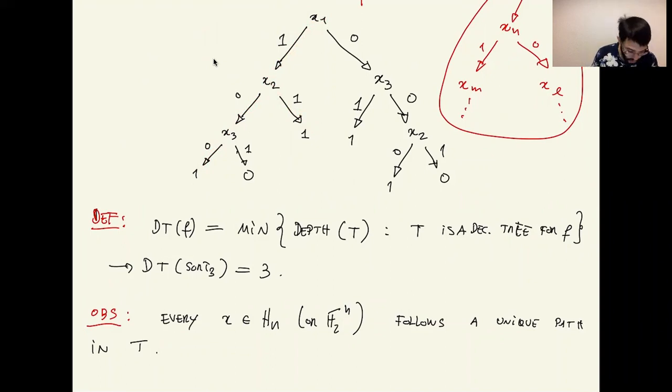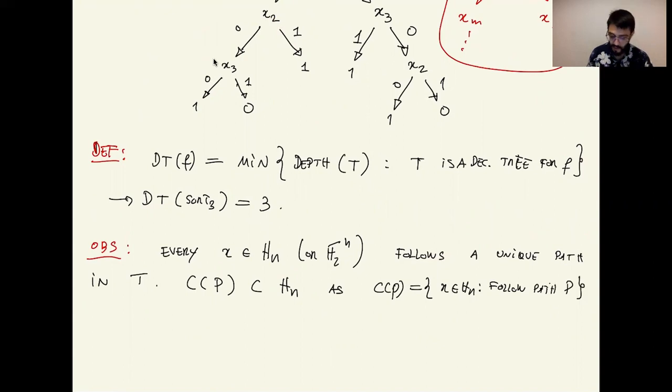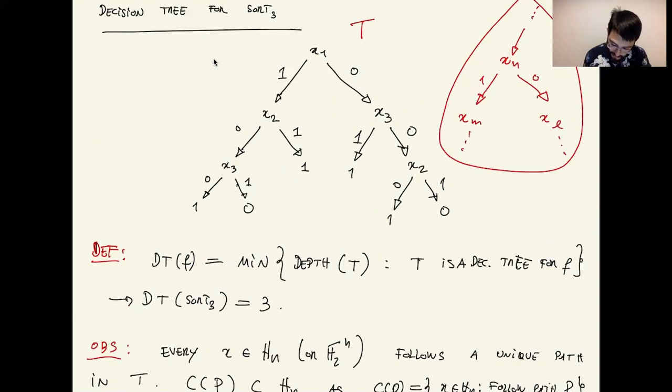Okay, and so you could define C_P, a subset of H_n, to be the x's in H_n that follow path P. So you select a path, say this one, and you ask what x's follow exactly this path?